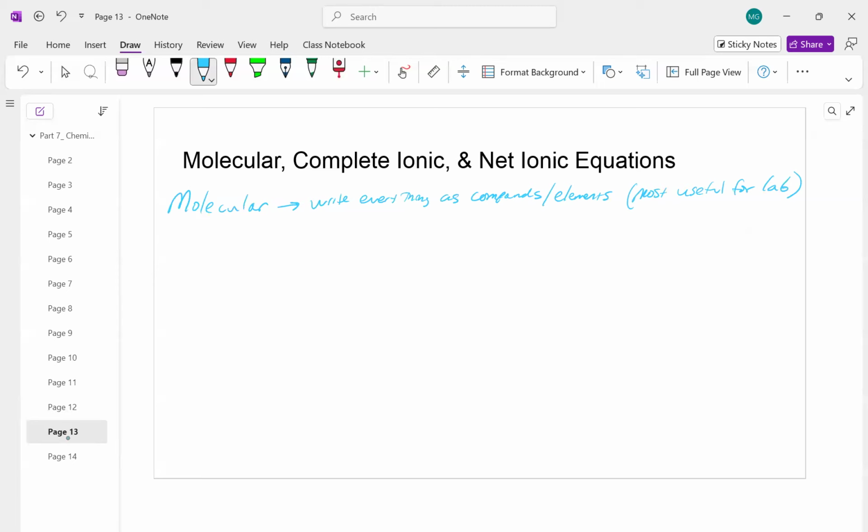So for example, if we take an aqueous solution of silver nitrate and react it with sodium chloride, I'm going to switch the anions around. I'm going to give the chlorine to silver and give the nitrate to sodium. Let's predict and see if one of these will form an insoluble precipitate.